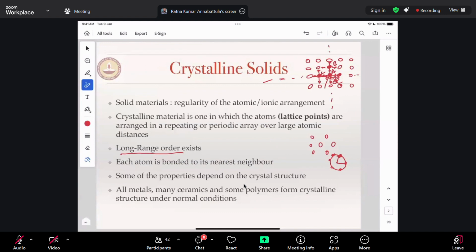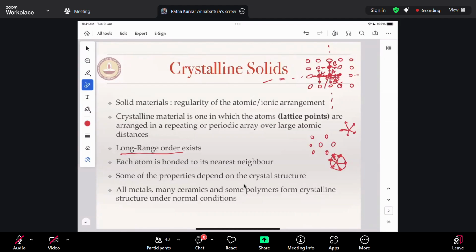This atom is seeing atoms around it at equal distance, around 6 neighbors in any direction. If at any position the atom sees these 6 neighbors, wherever it moves, such an order is called long range order.